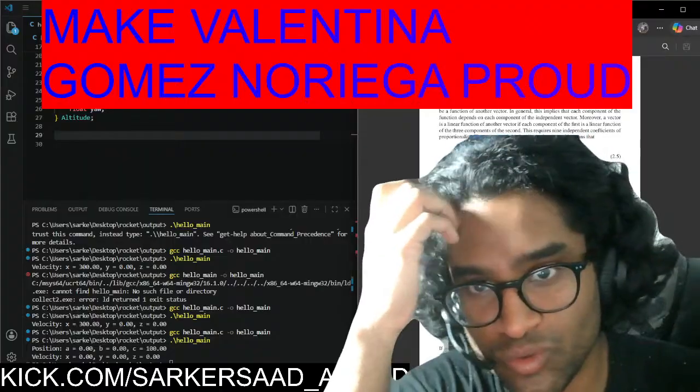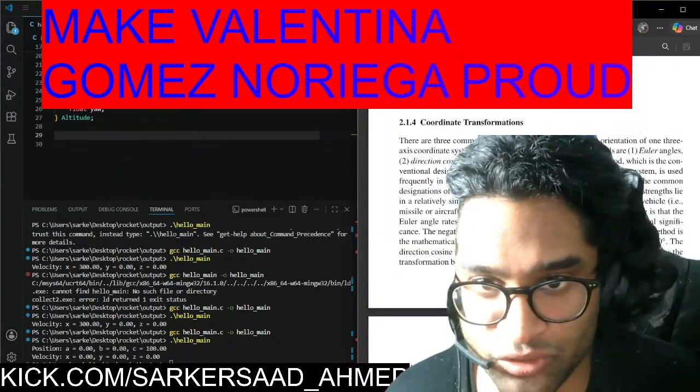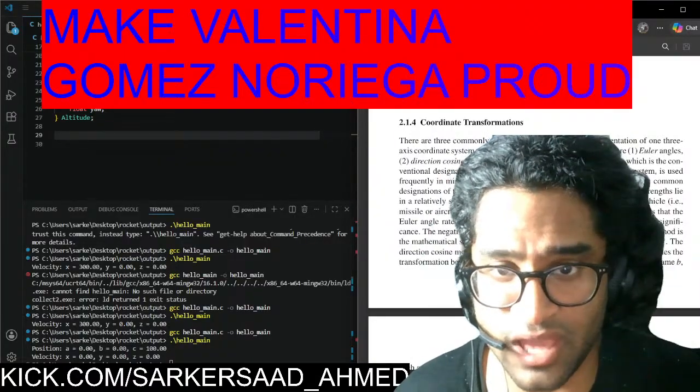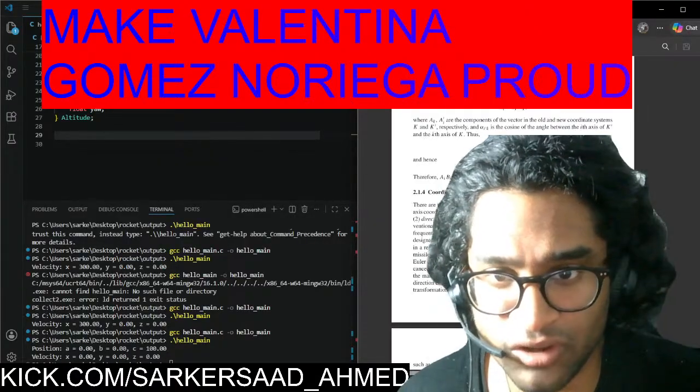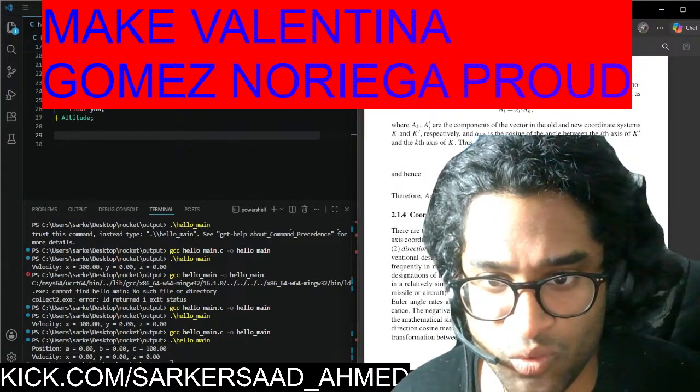Then what's with 2.1.2? Where's 2.1.4? They say there are three commonly used methods for expressing the orientation of a three axis coordinate system: the Euler angle, directional cosines, and quaternions.